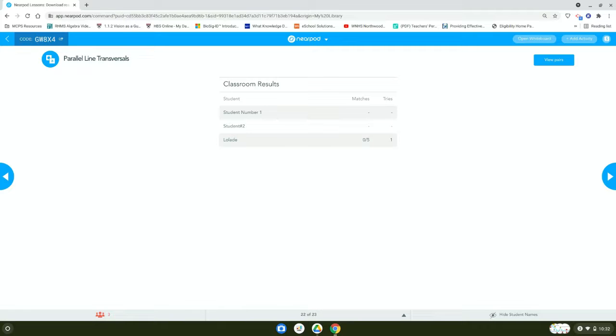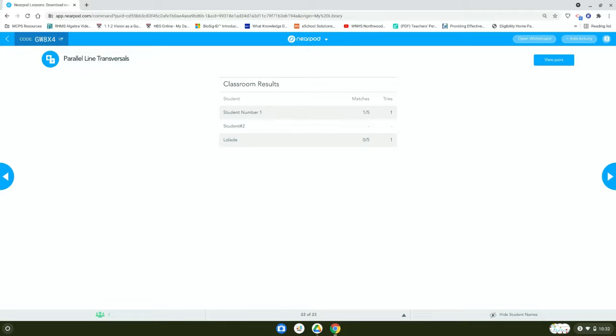Alright, student number 1, I want you to go ahead and try and match this. So what are vertical angles? What are corresponding angles? What are vertical angles?